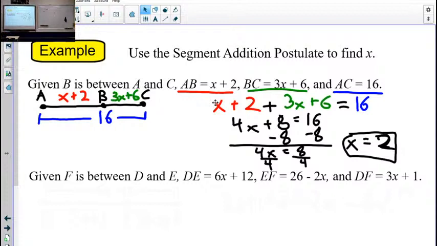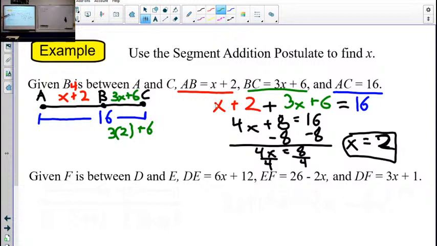Let's double check it. Moment of truth. A to B, 2 plus 2, oh, that's 4. And so, don't say out loud, but think in your head, what should this be if I want these two pieces to add to be 16? What should this come out to be if we're right? Let's find out. 3 times x is 2, plus 6.